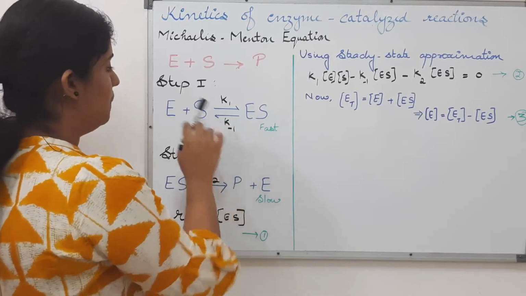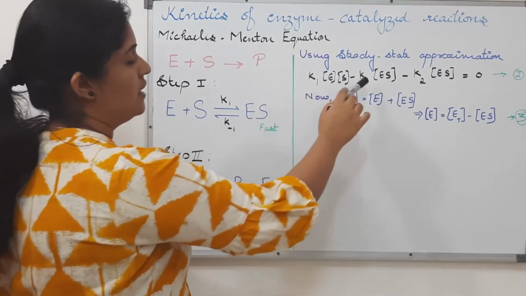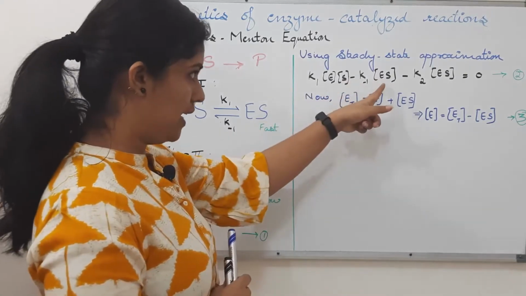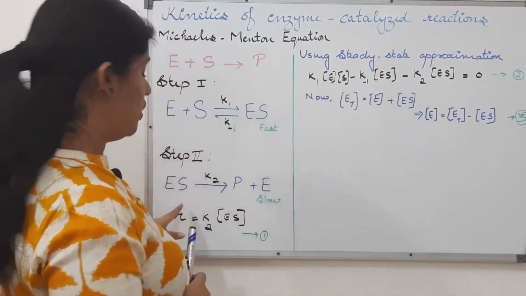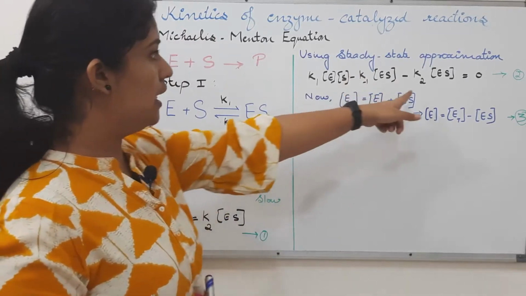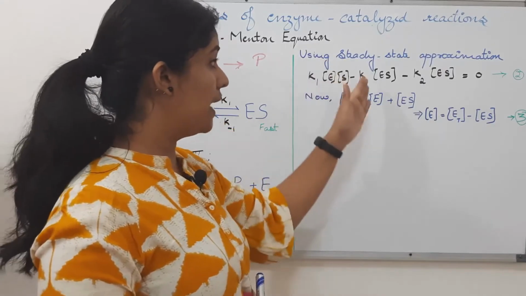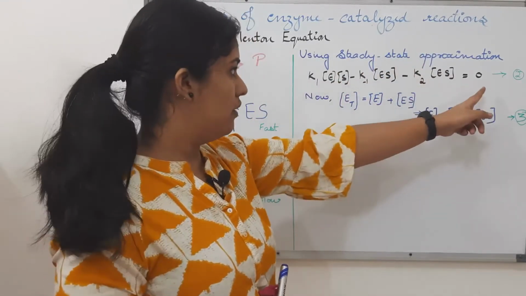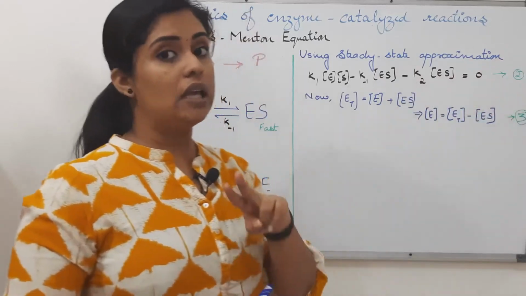For step 1, the reverse reaction, the rate is K minus 1 into concentration of ES. Now minus, we have one more step, the decomposition of ES, which is K2 into ES, and rate of formation minus rate of decomposition is equal to 0. So I have written that, and that turns out to be my equation 2.